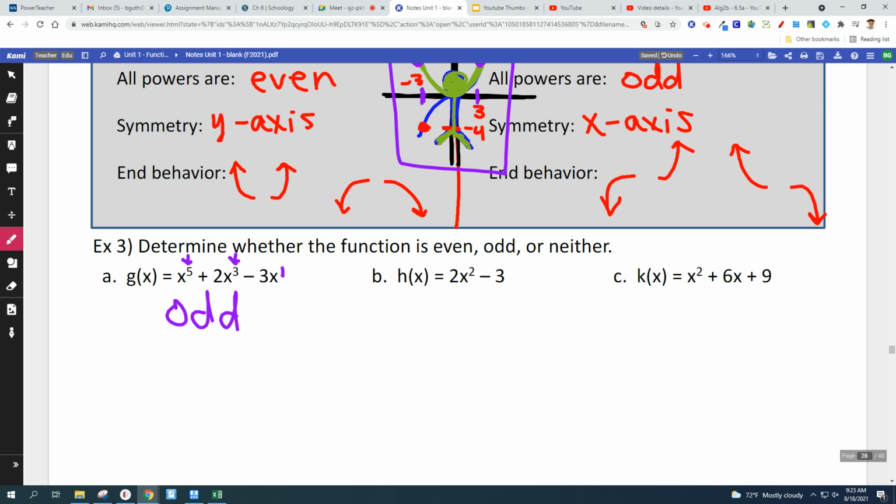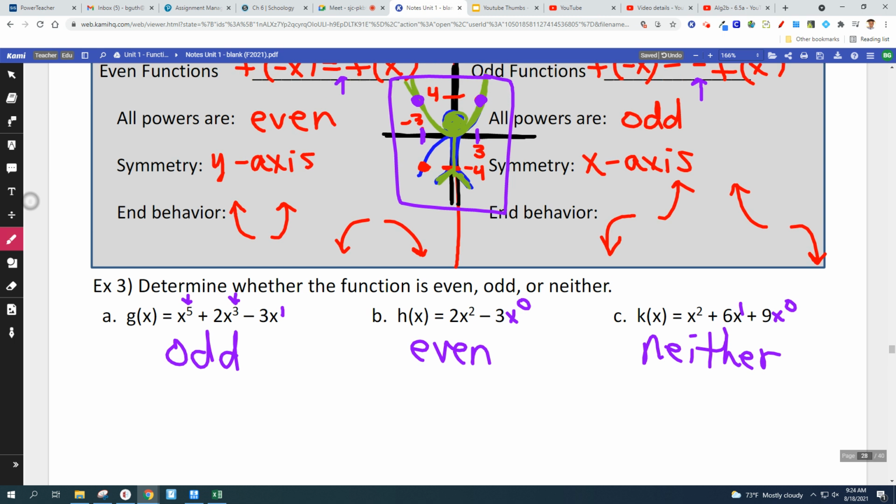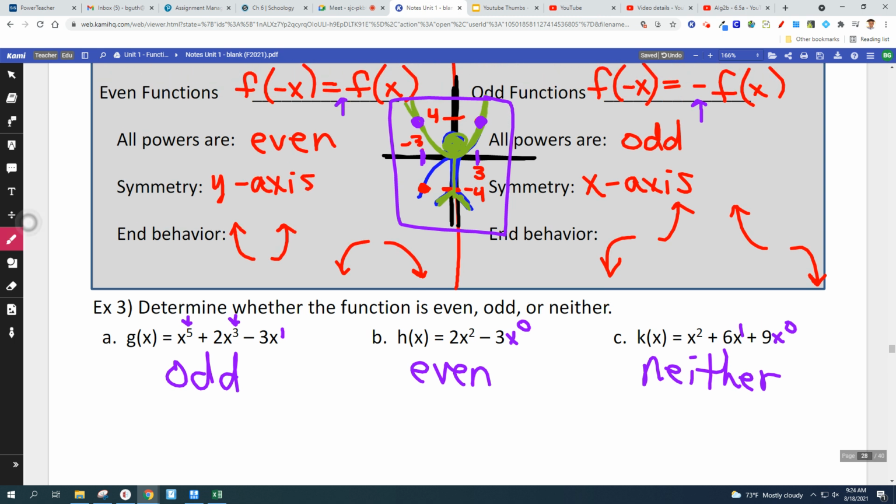And you see how this is x to the 2nd and x to the 0 power? That's even. And then this one, x to the 2nd, x to the 1st, x to the 0. See how they're not all even or all odd? Some are even, some are odd, so that's neither. Okay, so hang on. Don't leave yet.